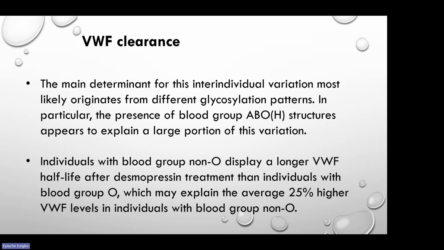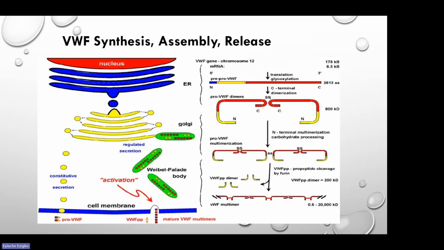In particular, the presence of blood group ABH structures appears to explain a large proportion of variations. So von Willebrand factor also shows some variations in individuals, and it has been linked to the blood types of individuals.